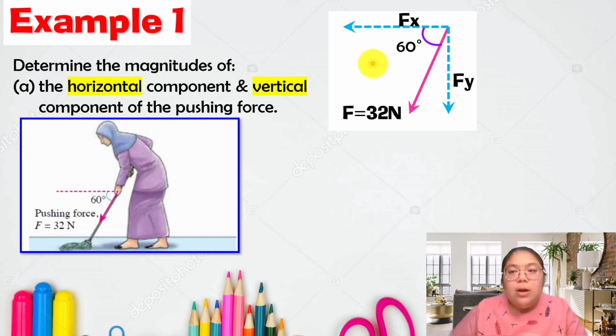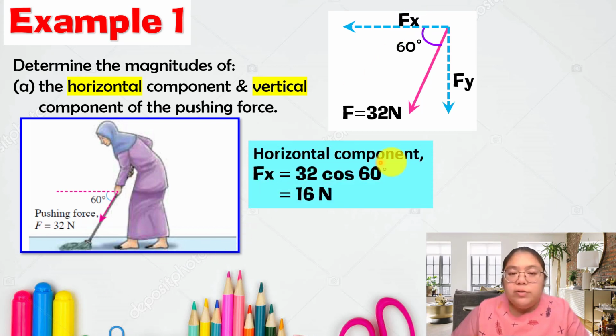Now horizontal first. Horizontal is Fx. So the whole triangle, the longest one is 32, we just write the 32. After that, Fx is beside the angle, so we take cos 60. The final answer we get is 16 Newton. Now we go to the Fy.